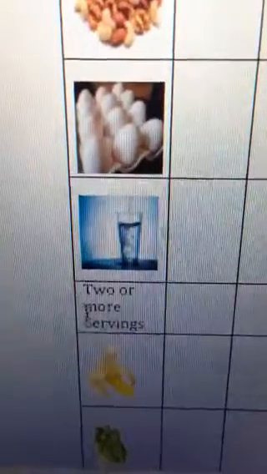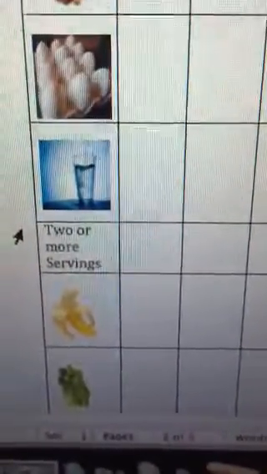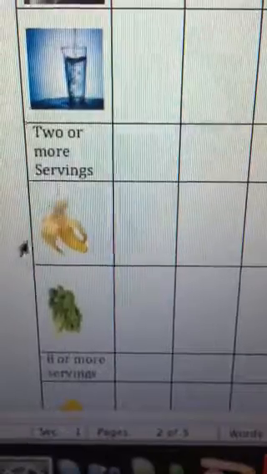So I'll go over the pictures with you just in case there's any confusion. But these are nuts. We have eggs. There's water. We have another of 2 or more servings. So that's kind of a gimme, but we'll always remember which 2 groups have 2 or more servings. We have a banana.